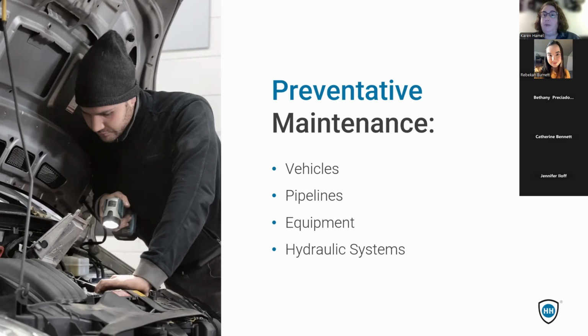So chances are you may already have preventative maintenance on a lot of them. If you don't, what can you do to improve those things? Because the more we schedule those things and do those preventative maintenance tasks, the less likely they fail on us and the less likely they are to be sources of leaks and spills that are getting into drains and causing problems for us with polluting the environment.